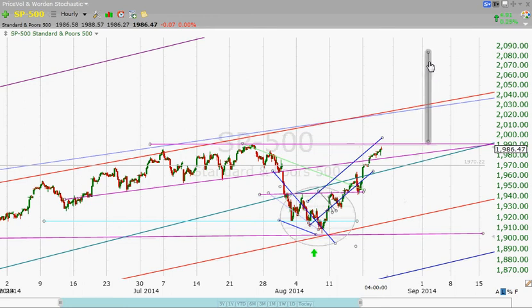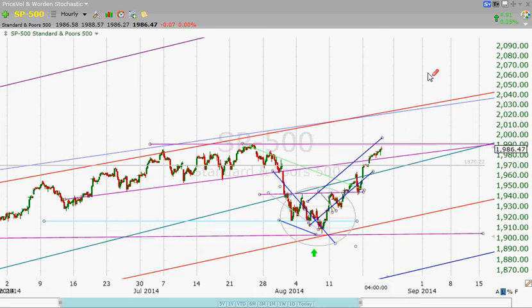If we were to break out over that, and it works as an inverted head and shoulders, we're looking at a target of about 2080. Very preliminary, to be sure. As a matter of fact, it's so preliminary, I'm not going to put that on the chart.